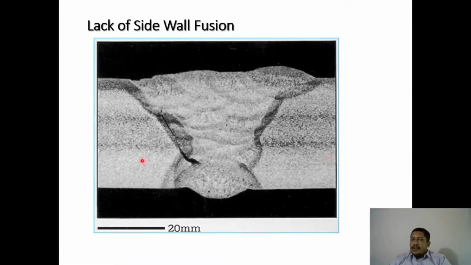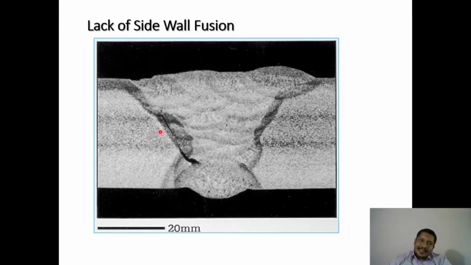So you can see over here, this is also a multi-pass weld. Initially, this is the root pass, the next pass, the next, the next. Wherever it is shown in a different color, that corresponds to different passes of the weld. Here on these sides, the weld has not fused with your base metal.